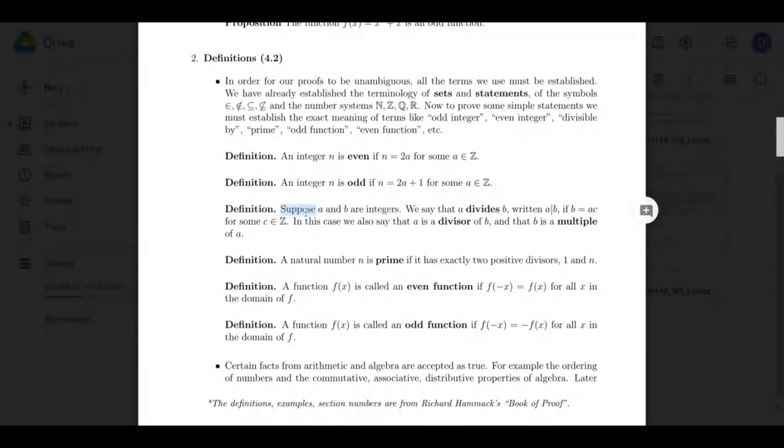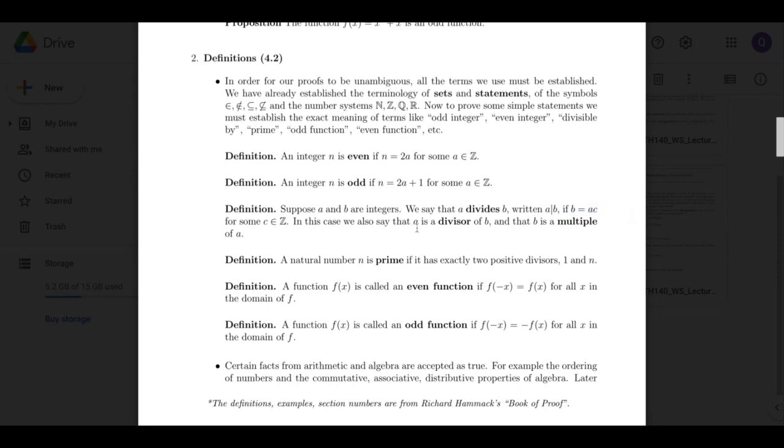Definition: suppose a and b are integers. We say that a divides b, and we write it with this notation, a bar b. For example, 2 divides 4. It also means b equals ac for some c in the integers.